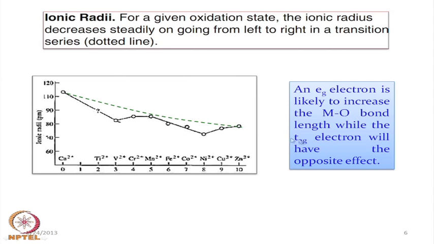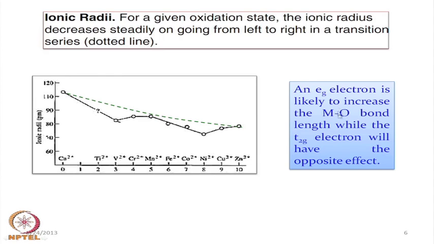But if the electron is in the T2g level, which lies in between the metal-oxygen axes, that will have a different, or rather opposite, effect, and that will decrease the corresponding metal-oxygen bond length. So, occupancy of this T2g level, that means up to vanadium 2 plus, will decrease the contribution to the M-O bond length.